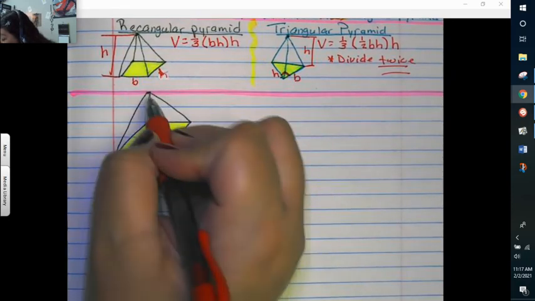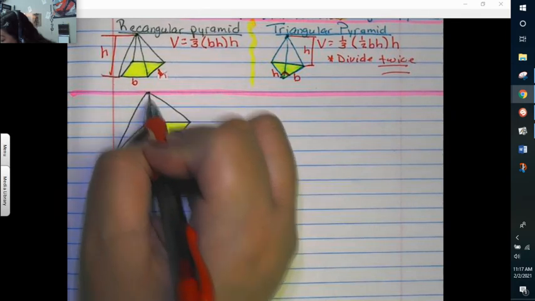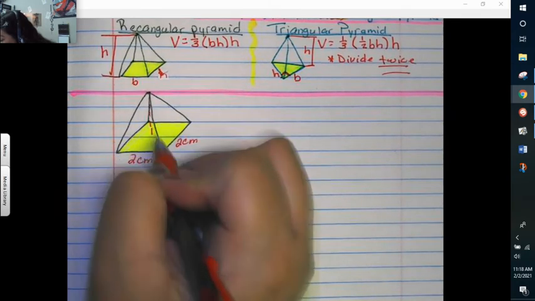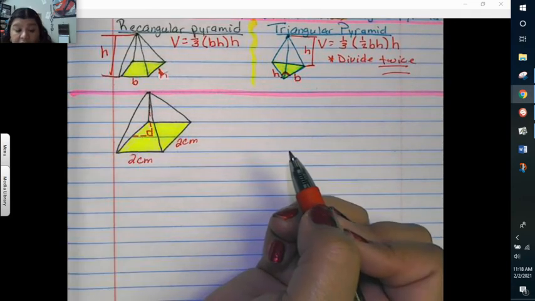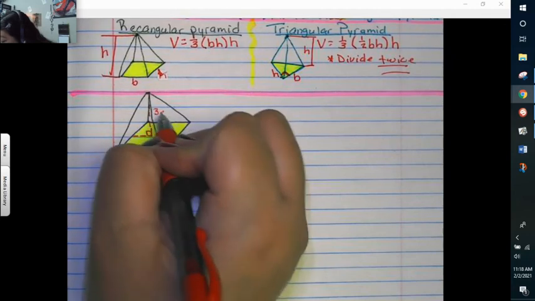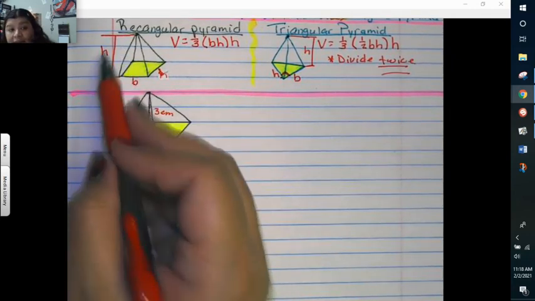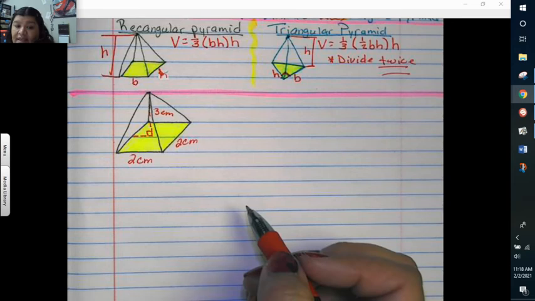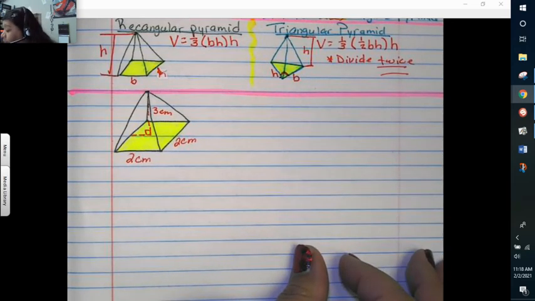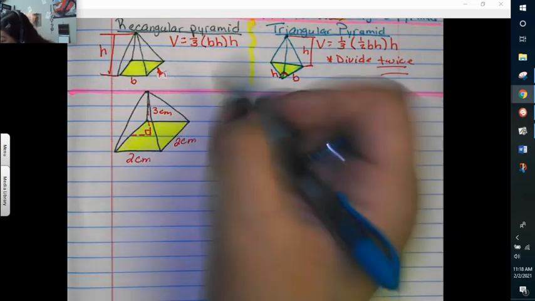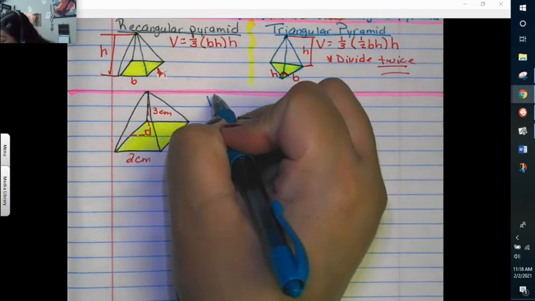And the height, sometimes they'll do a dotted line down the middle and off to the side like that to make that right angle right there. And this will be 3 centimeters. Or they'll put it out like this. Either one works. I'm just giving the numbers you need right now just to get used to the actual formula.